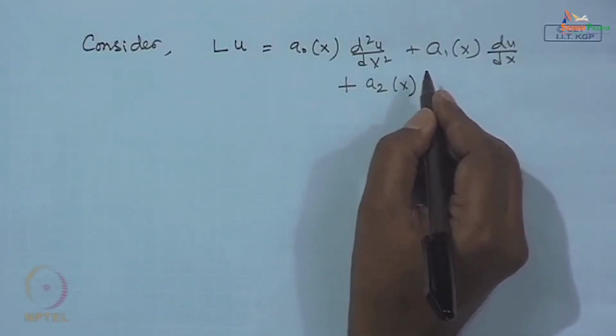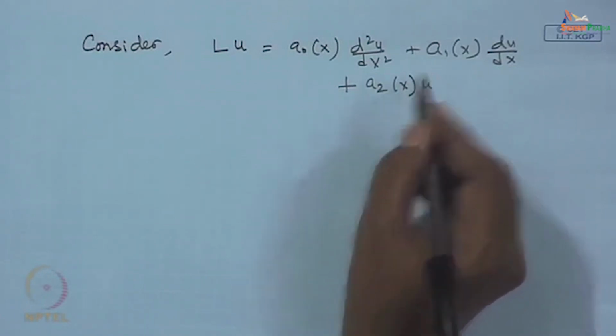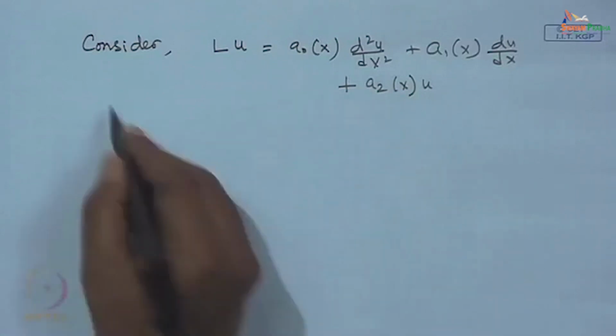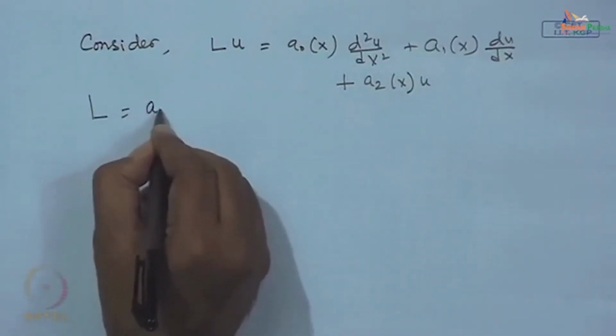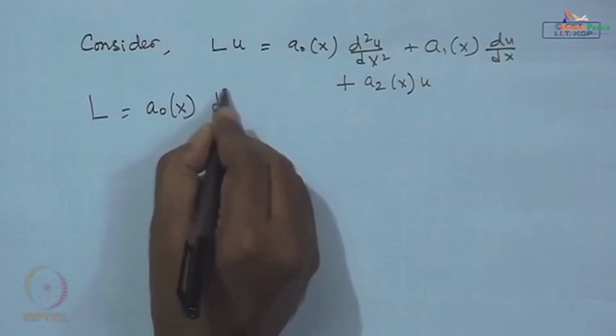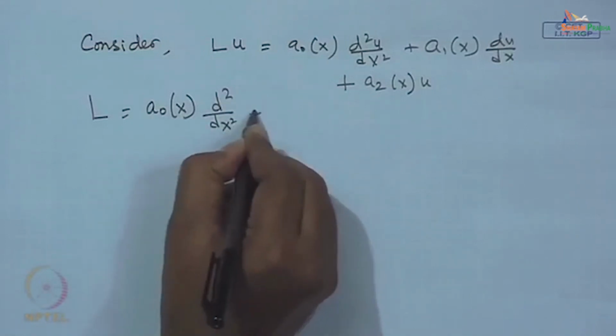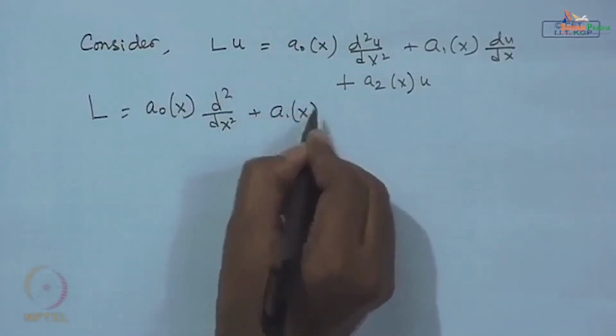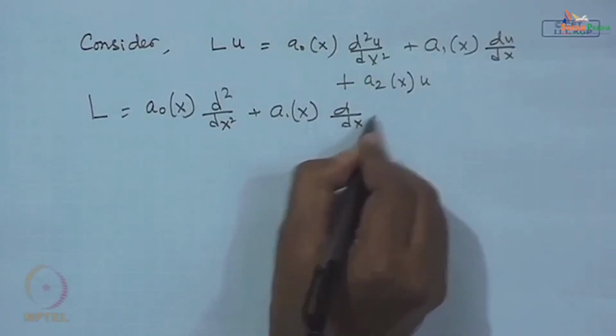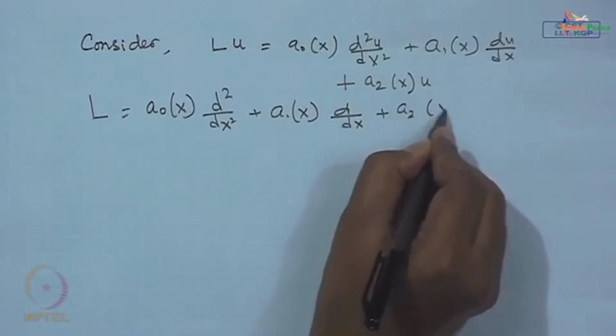Suppose we consider a function like this, where the operator L is nothing but a 0 of x d square d x square plus a 1 of x d d x plus a 2 of x.